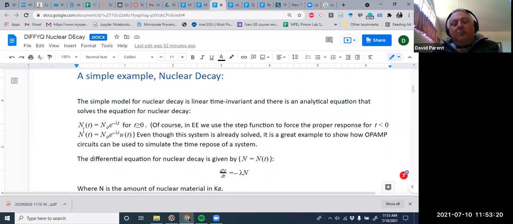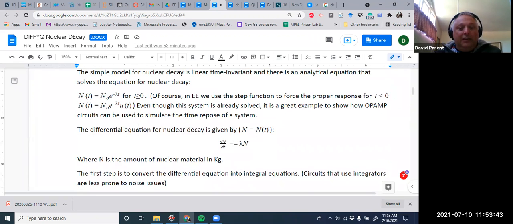So if we have the number of, we want to know how much nuclear material we have left after it's decaying, right? So what is the number of atoms or number of grams? I believe it's in grams later on.